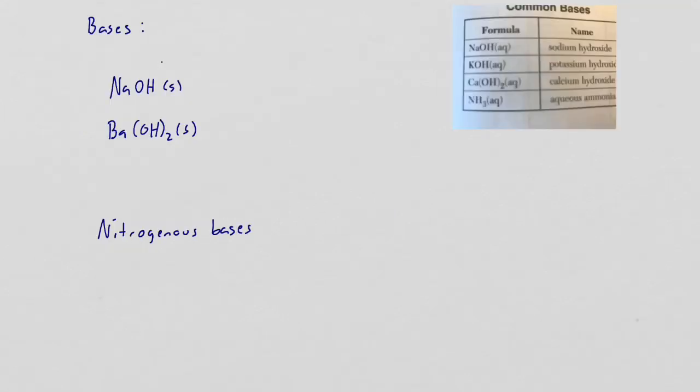Now, bases are different. Bases do not produce hydroniums in water solution as their positive ion. Bases come in two versions, okay? One version is what I'm going to call a metal hydroxide. You can see the table right next to me over there, right? A metal hydroxide, and these are basically ionic compounds.